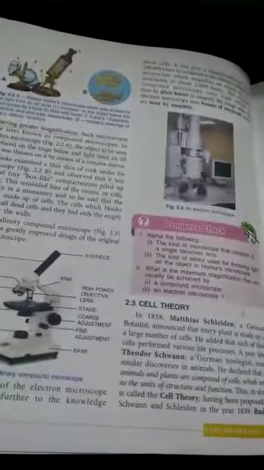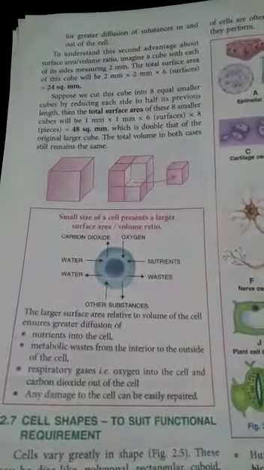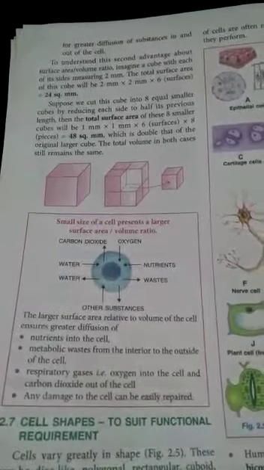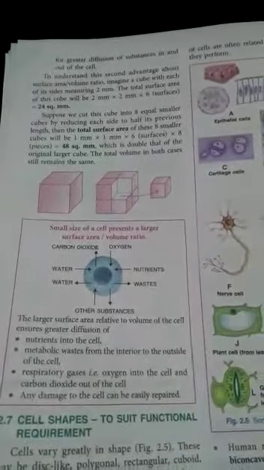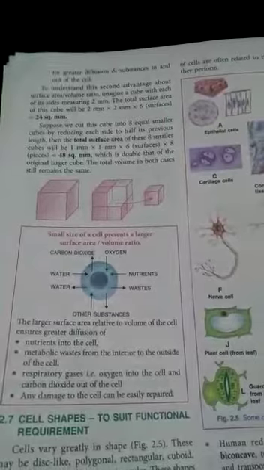Number two, the small cells have large surface area to volume ratio. Due to this large surface area to volume ratio, the metabolic waste from the interior to the outside of the cell can be carried out rapidly. There can be rapid exchange of gases also. So, this small size of cell is very helpful for the animals.